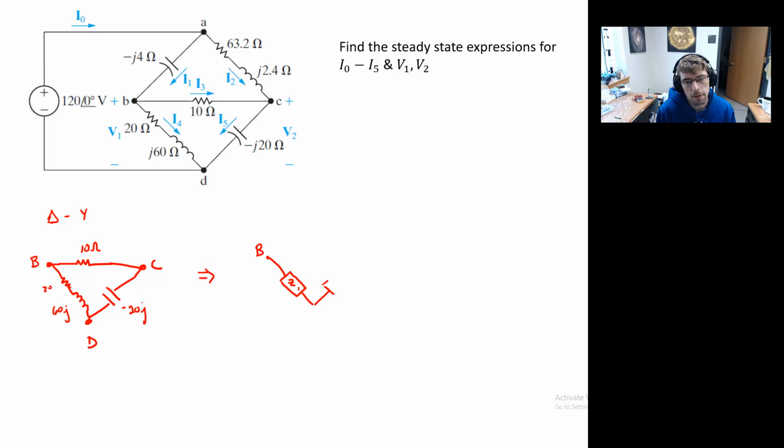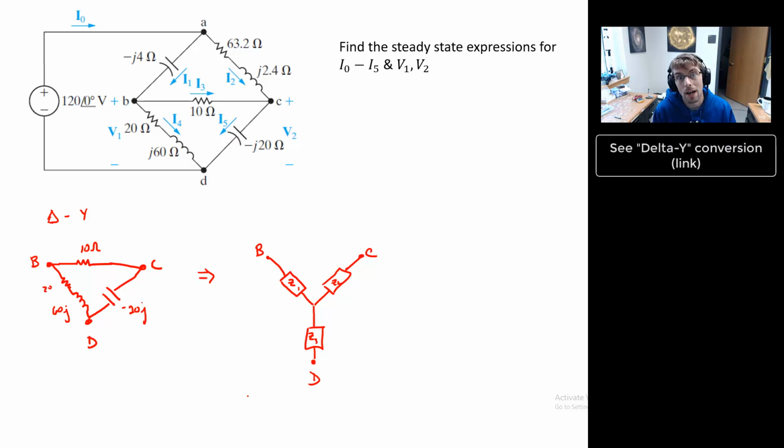I'll call this box Z2, and that goes to node C. And then I have down, and you can see that Y shape, this is Z3, and I'll connect that to node D. And so the question is, what values should I have for Z1, Z2, and Z3?